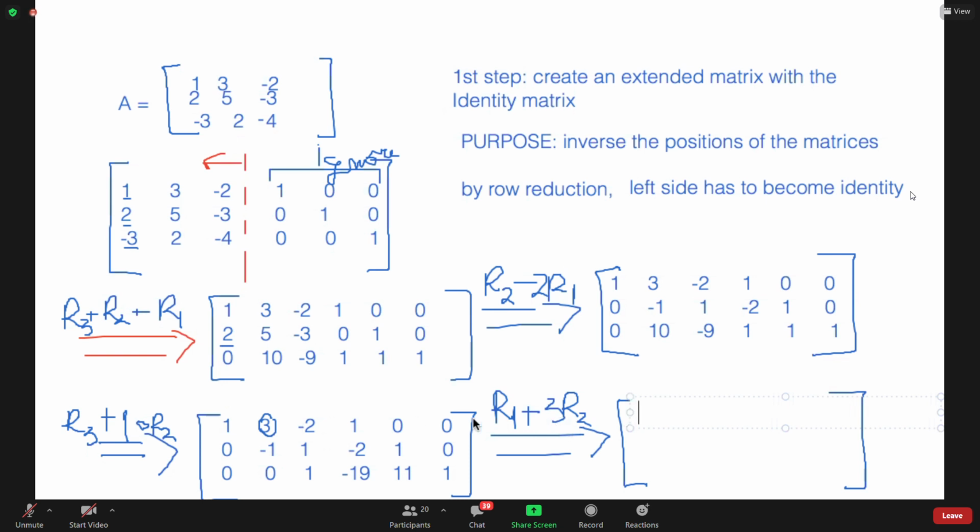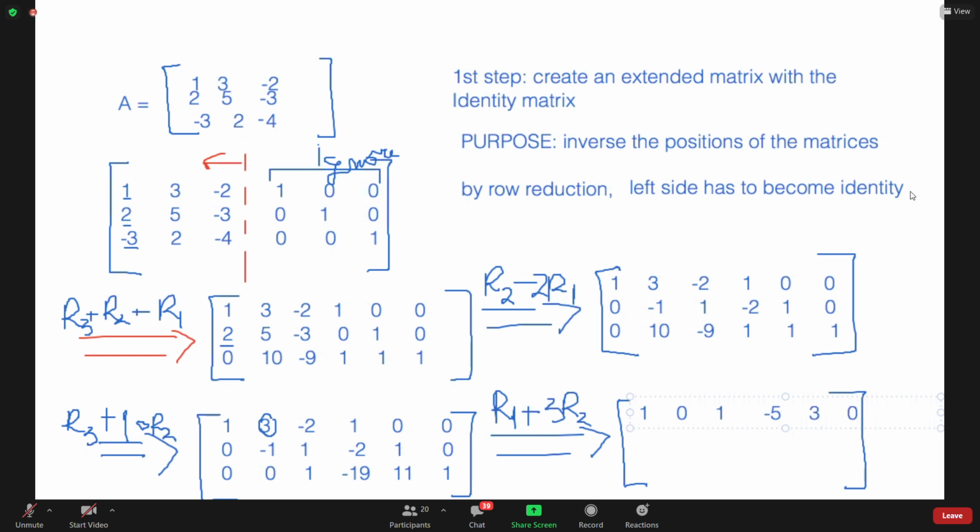1 plus 0 will remain a 1. Then I have 3 plus 3 times -1 will become a 0. Then I have -2 plus 3 will become a 1. 1 minus 6 will become a -5. 0 plus 3 will become a 3. And 0 plus 0 will become a 0.